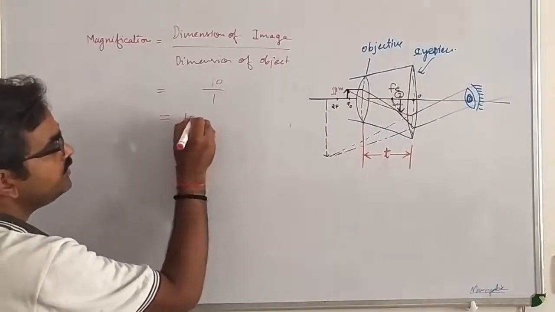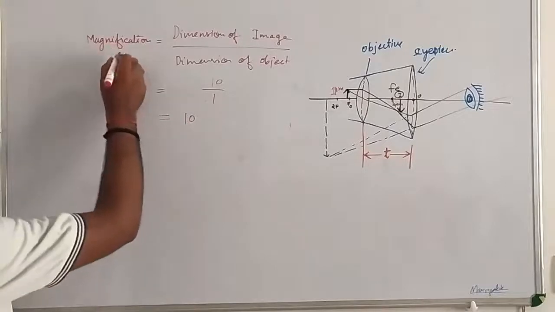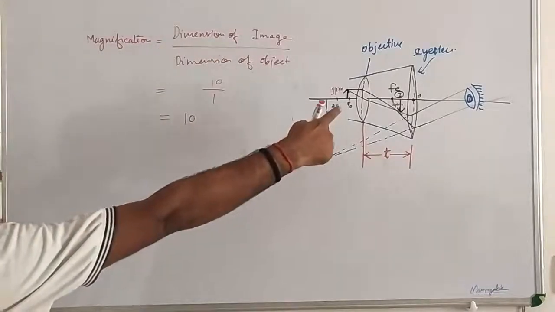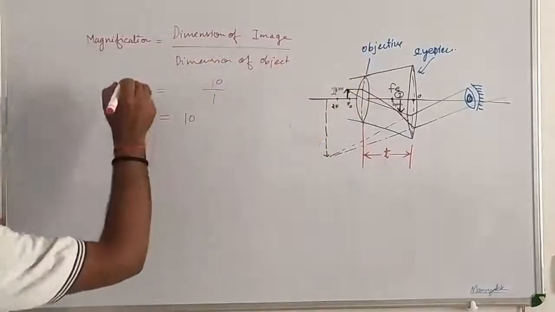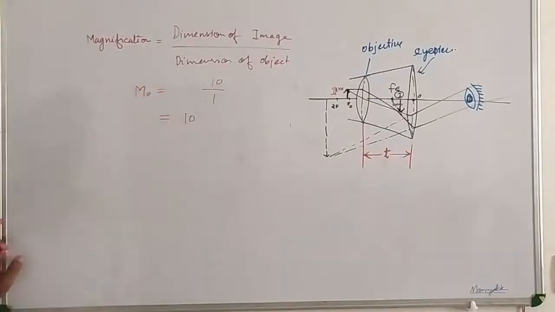Here we are taking the magnification of the objective, so I am writing MO.